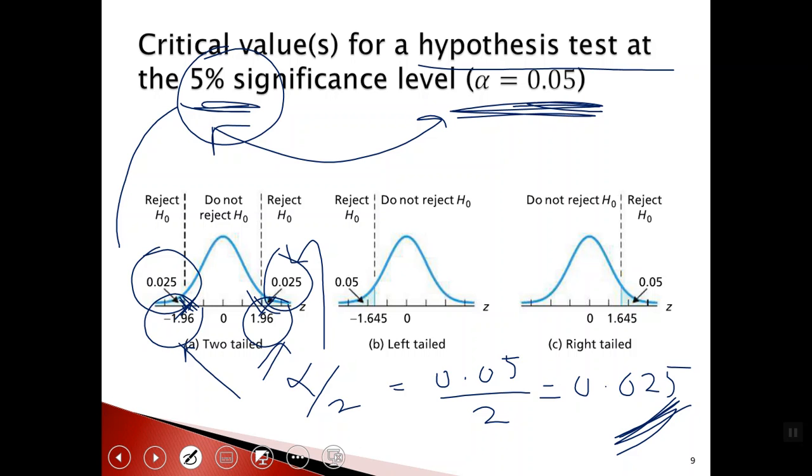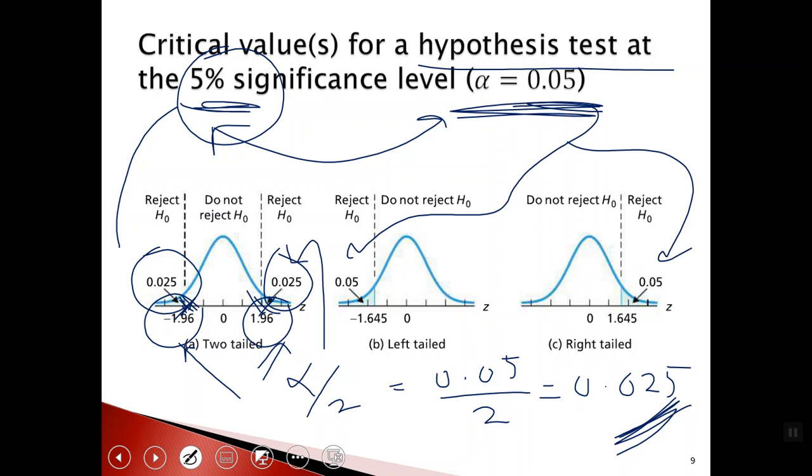Most of the time, almost always, in two tail cases you will have critical values with the same value but different sign. See here, the value is 1.96, positive and negative.